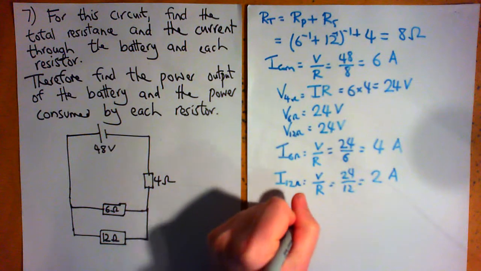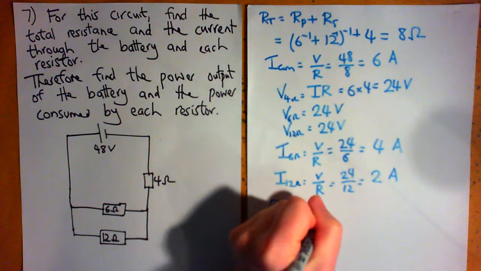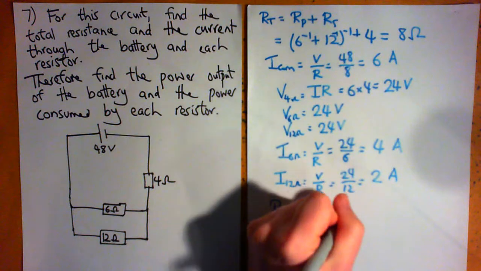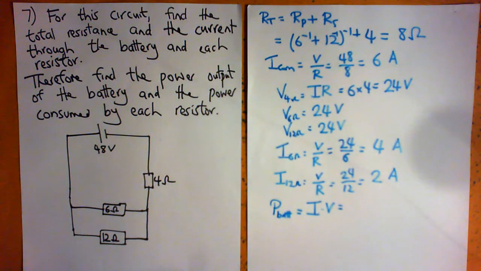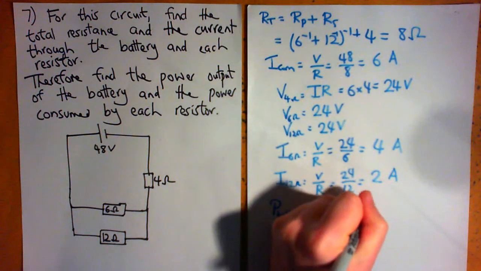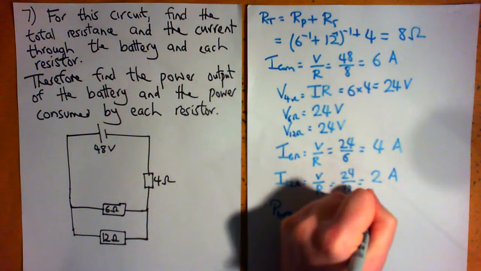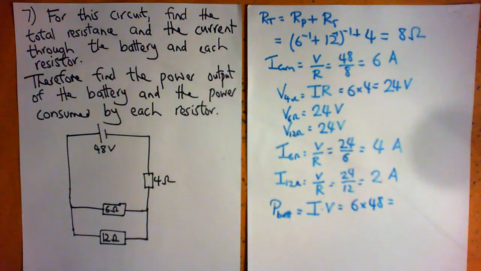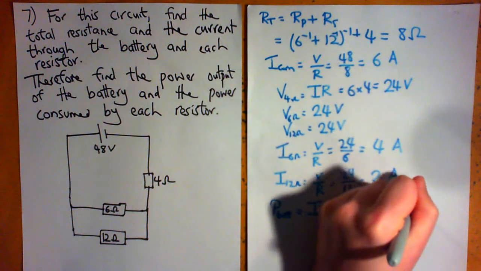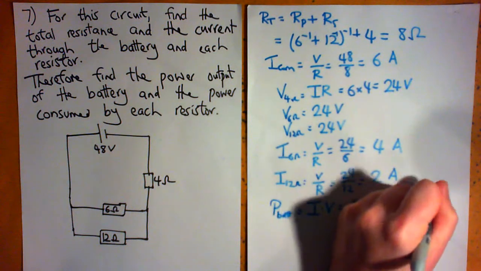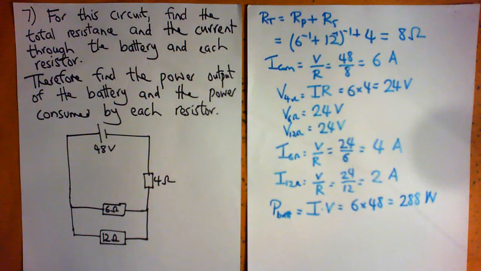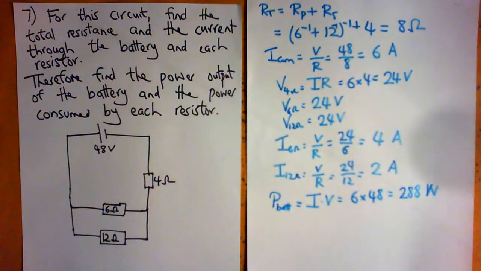Power is current times voltage, and for the battery the current going through it is 6, and we're multiplying by 48. 6 times 48 gives 288 watts, which is the output of the battery, and the power consumed by each of the resistors must add up to 288.